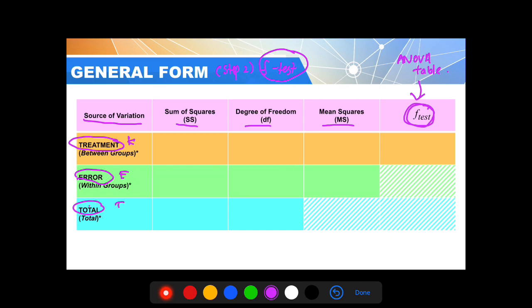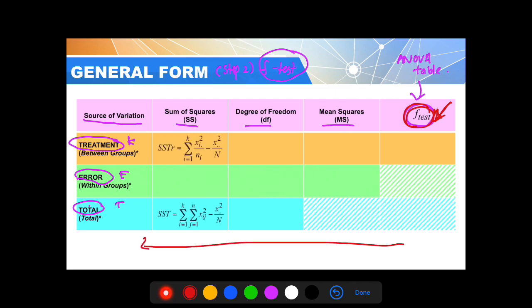Now our aim is to get this F-test value. In order to get it, you have to go through all this procedure. First, you need your SSTR and SST, the sum of squares for treatment and the sum of squares total. Don't worry, SSTR and SST will be given. But you have to find the sum of squares of error.